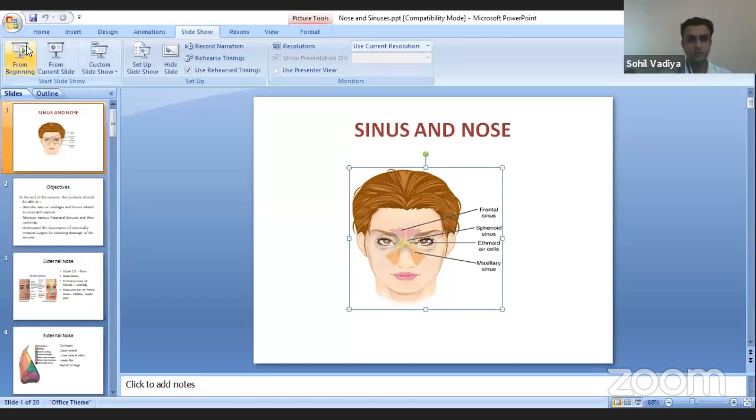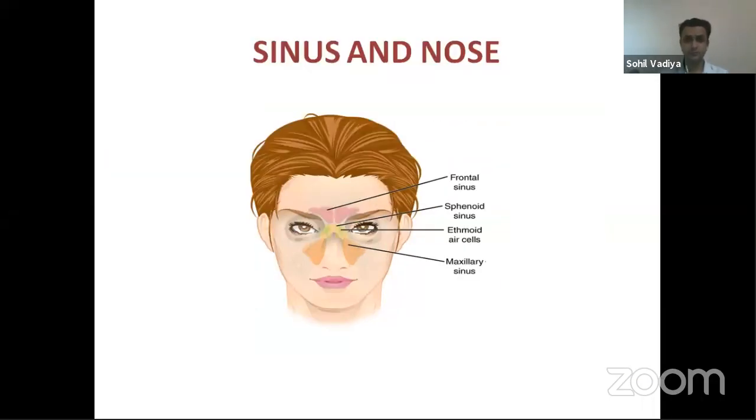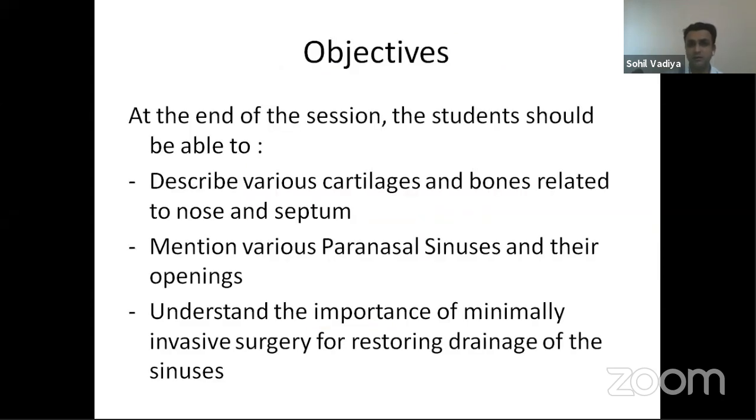Okay. So we'll start the session now. Today we are going to learn about nose and the paranasal sinuses. What basically we are going to talk is we will learn the basic anatomy of the nose, external nose, the nasal cavities, the turbinates, and the paranasal sinuses.